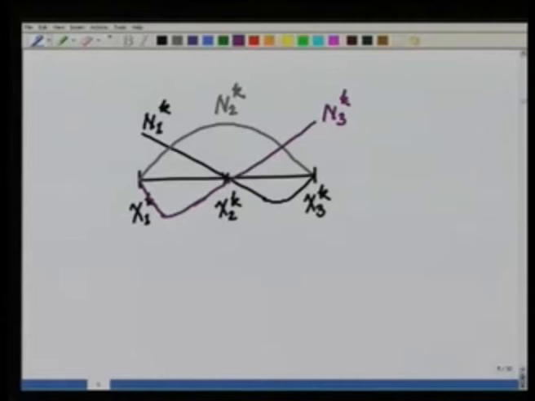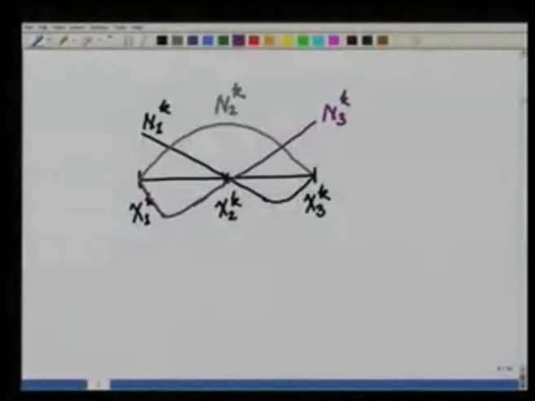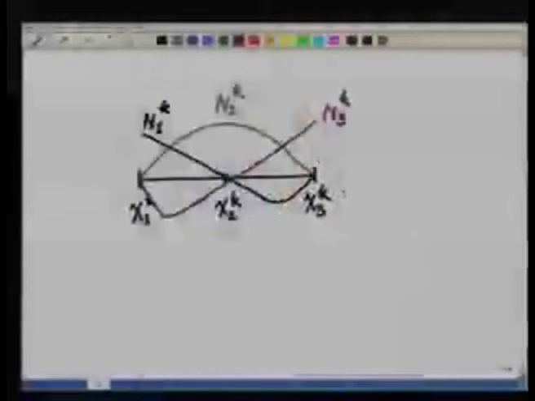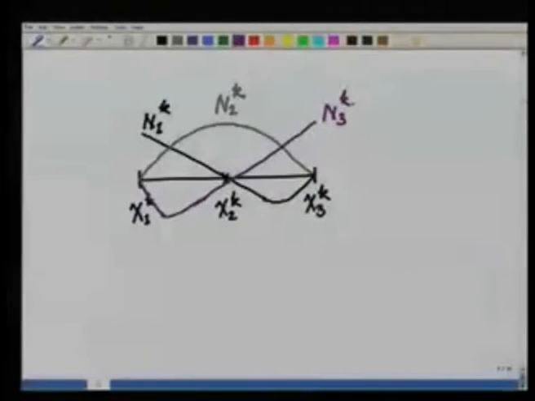And like in the case of linear approximations, in this case we want these functions n1 of k to have a value 1 at the point x1 of k and 0 at all other points. n2 of k should have a value 1 at the point x2 of k, 0 at all other points. n3 of k should have a value 1 at the point x3 of k and 0 at all other points.